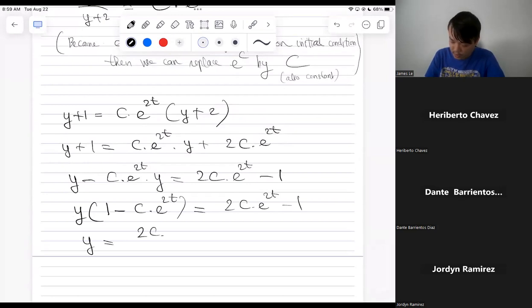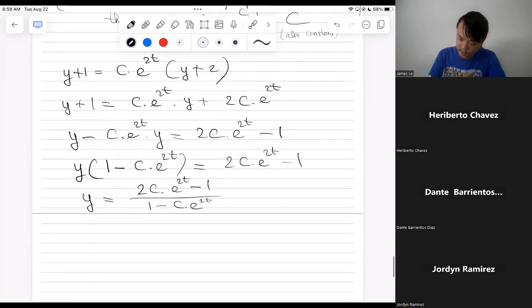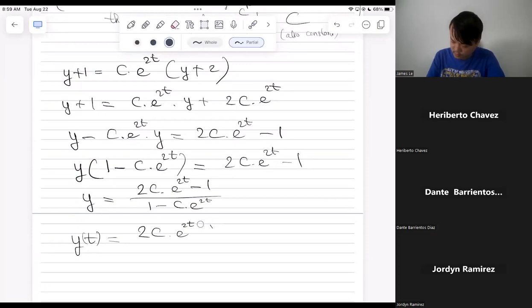I get y equals 2c e to the t minus 1 over 1 minus c e to the t. This is the general solution.